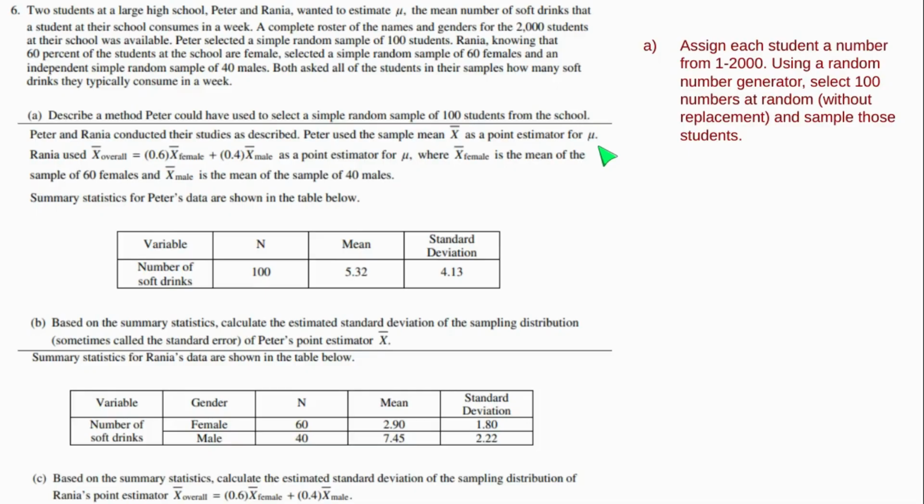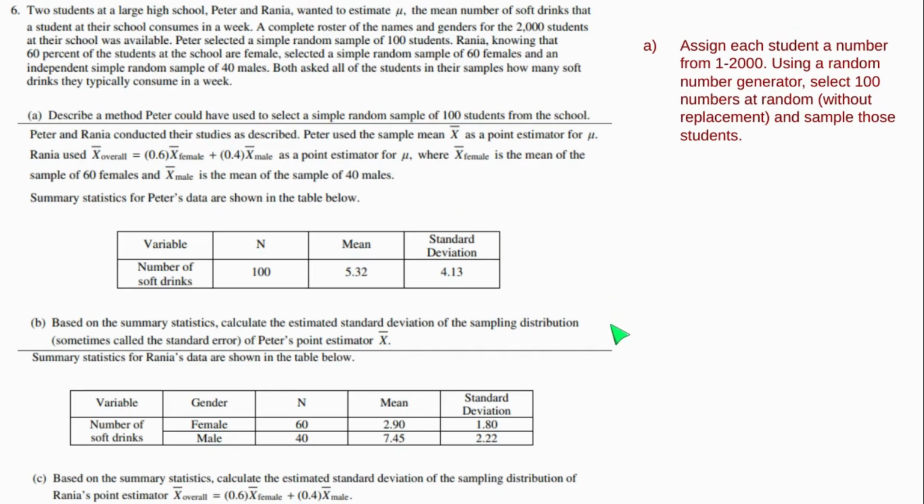Remember, Renia conducted a stratified sample, where x bar female is the mean of the sample of 60 females and x bar male is the mean of the sample of 40 males. Summary statistics for Peter's data are shown in the table below. Okay, so here's our table.